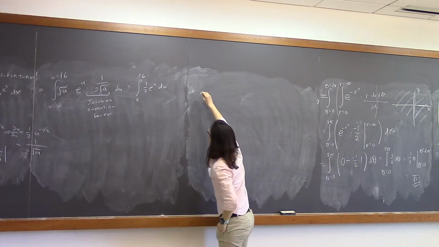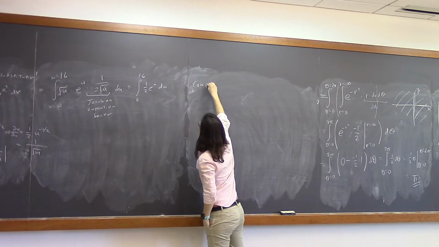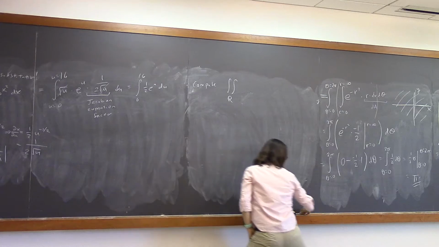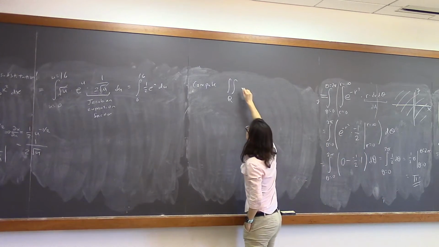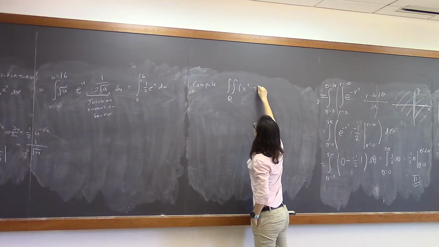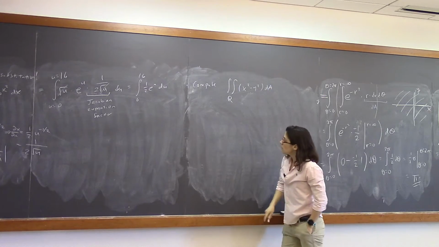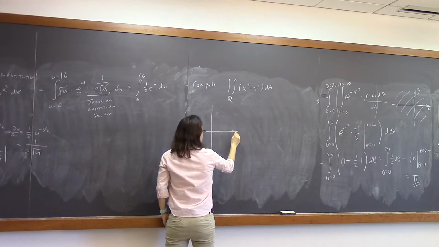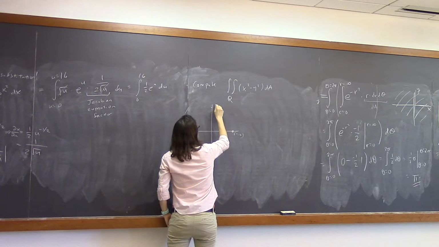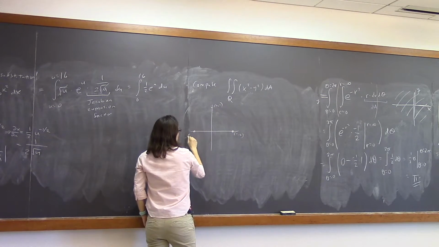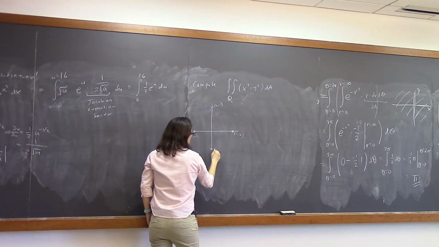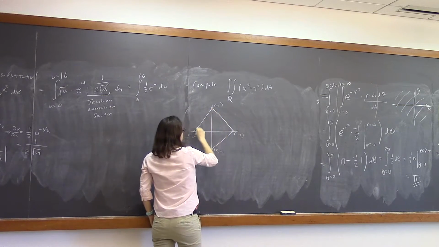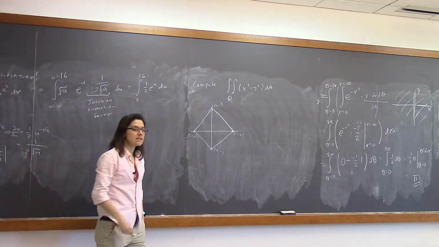Suppose that your quest is to compute the double integral over the region R of the function x squared minus y squared dA, where R is the diamond-shaped region whose coordinates are (1, 0), (0, 1), (-1, 0), and (0, -1). I mean, it's bounded by this diamond here. So this is our region R.